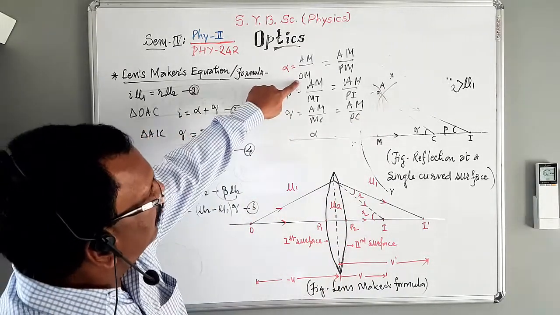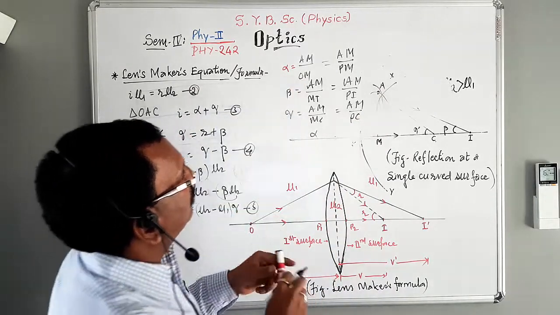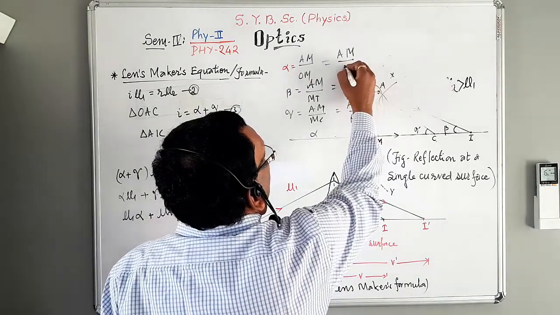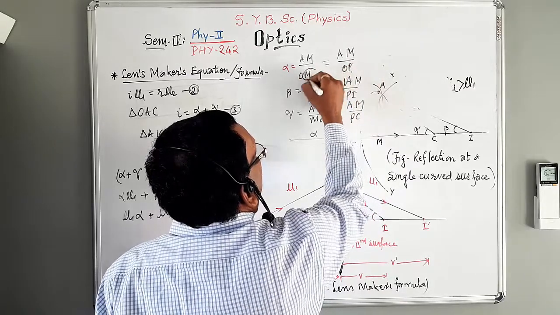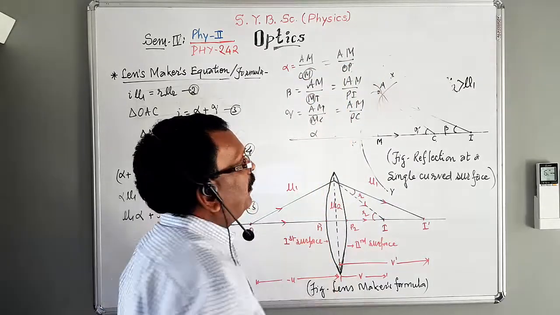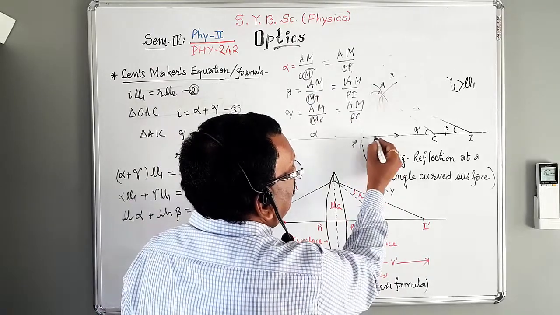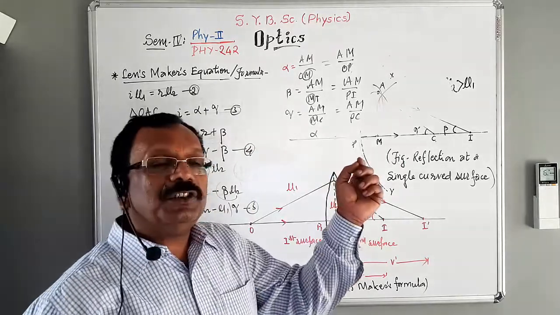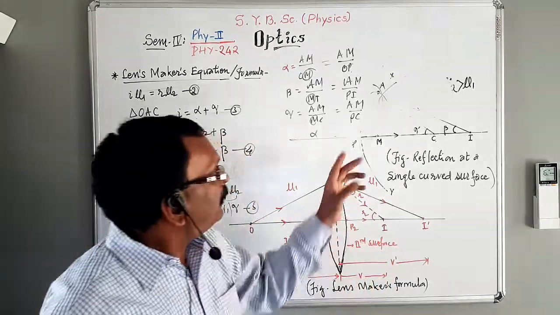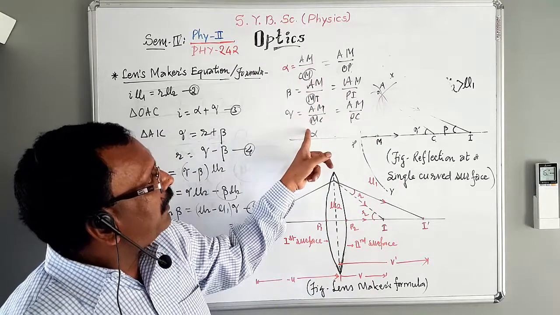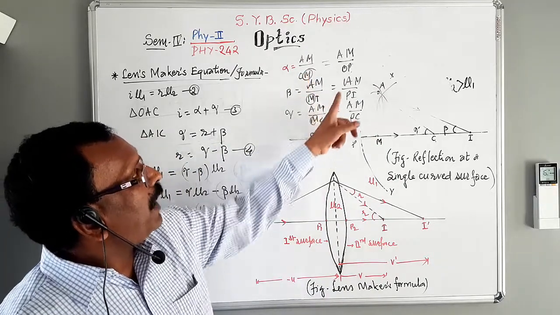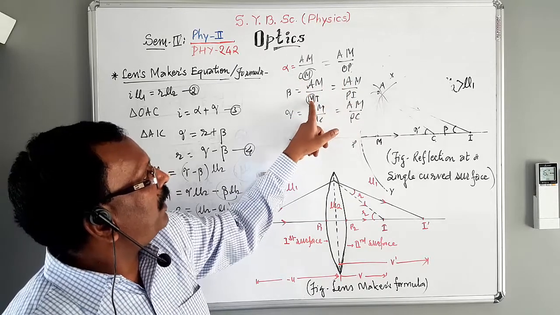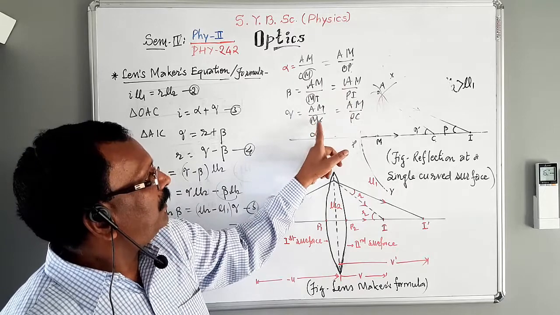We just replace M by P, because the optical center and pole are very close to each other when the lens is very thin. So in these three terms, we replace M by P. Instead of OM, we write OP. Instead of MI, we write PI. Instead of MC, we write PC.